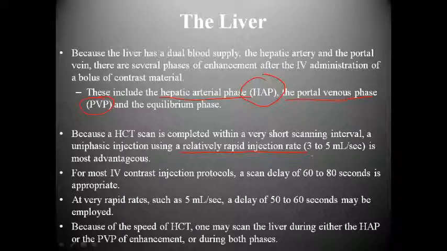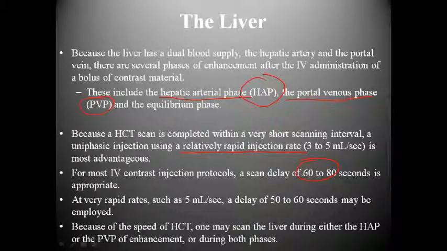For most IV contrast injection protocols, a scan delay of 60 to 80 seconds is appropriate. So keep that in mind, 60 to 80 seconds. At very rapid rates, such as 5 milliliters per second, a delay of 50 to 60 seconds may be employed.